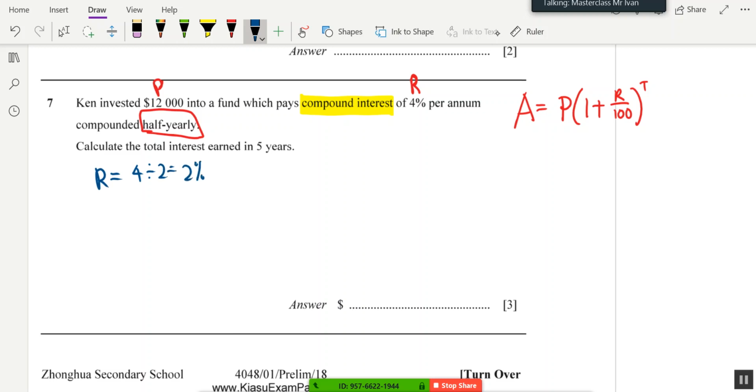Other than the R, what is the other thing that you need to change? You need to change the time, because in 5 years, how many half yearly are there? 10. So how to get 10? It's 5 times 2, which is equals to 10.